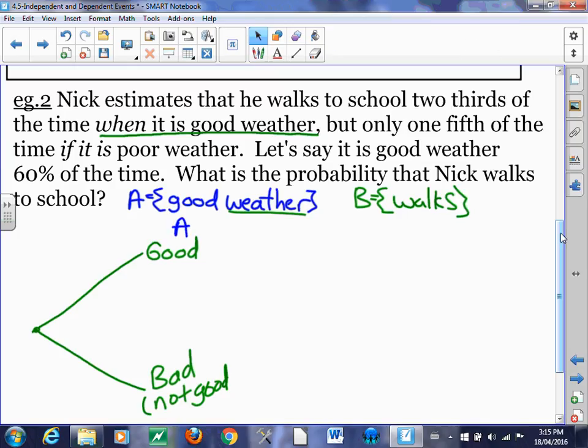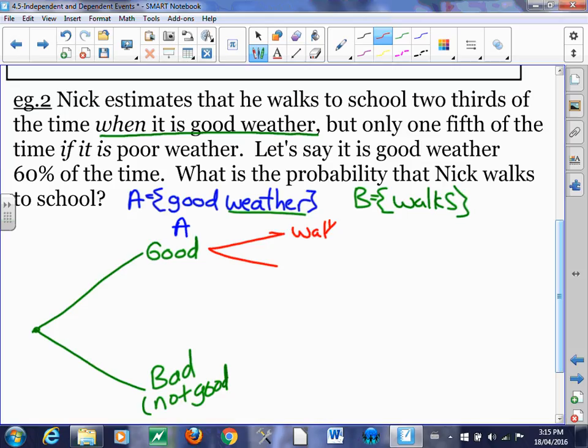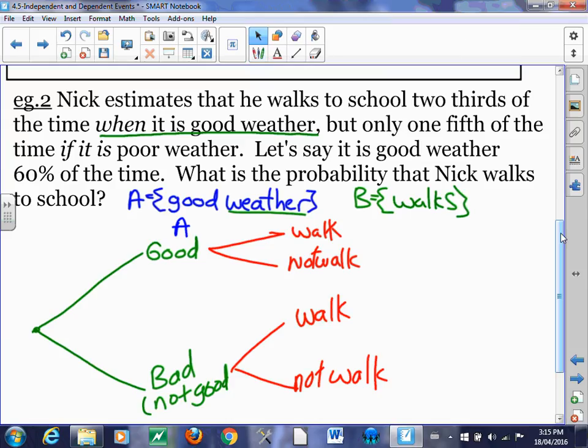Okay? Event B is now we're taking a look at if he walks or not. So walk, no walk, or not walk. Okay? Walk versus not walk. Okay, so we've got our tree diagram set up.